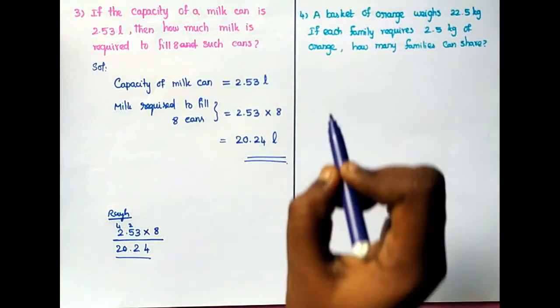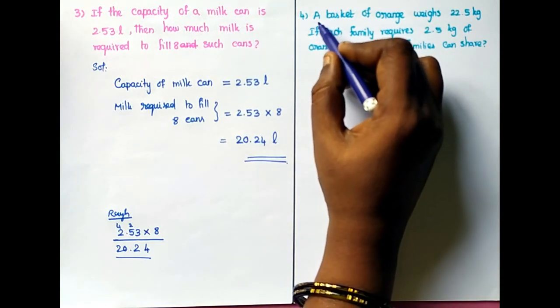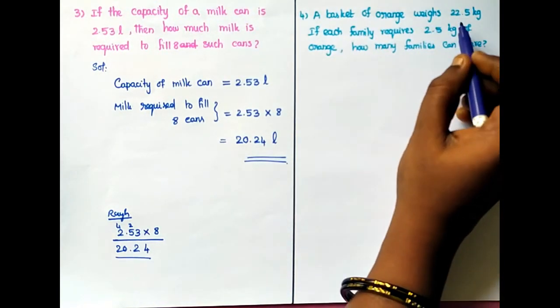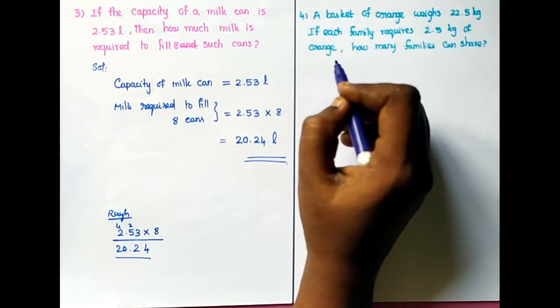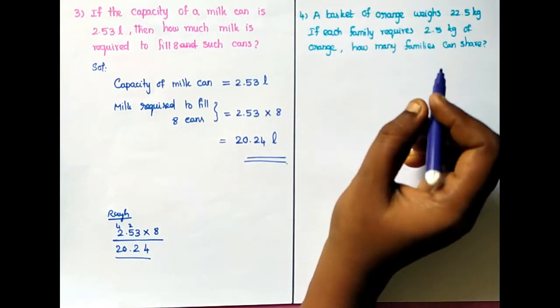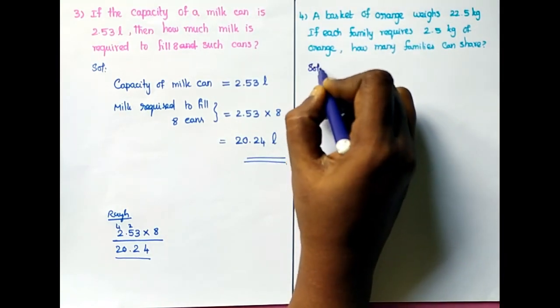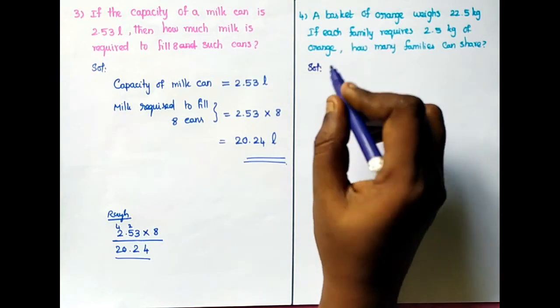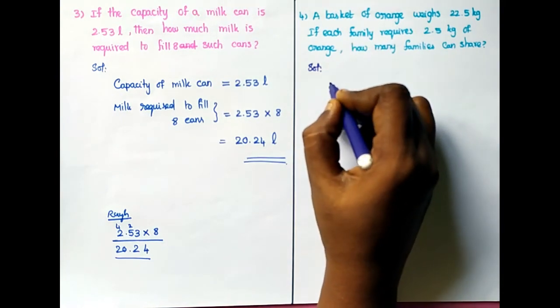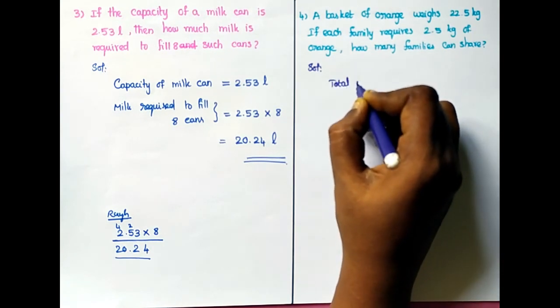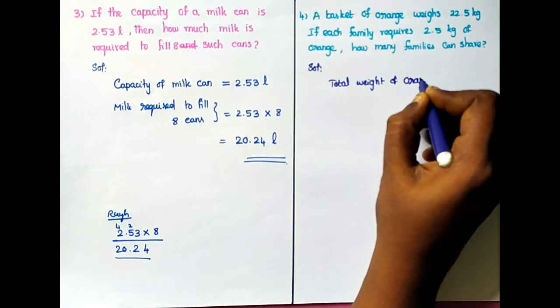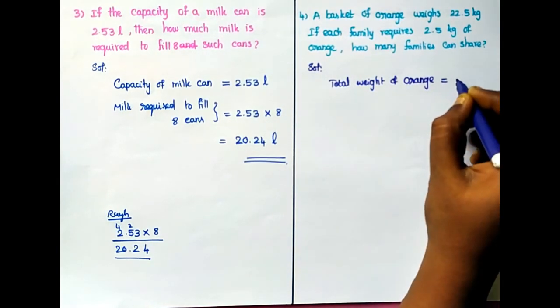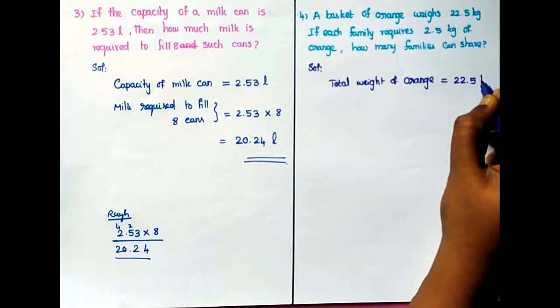Next one, fourth sum, a basket of orange weighs 22.5 kg. If each family requires 2.5 kg of orange, how many families can share? That is division. No? So total weight of orange equal to 22.5 kilogram.